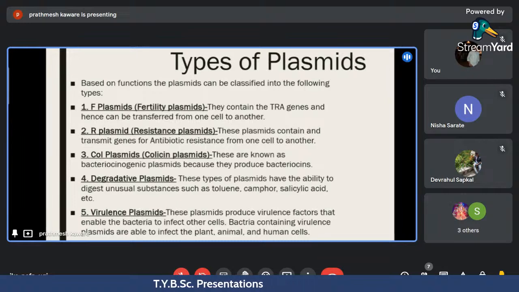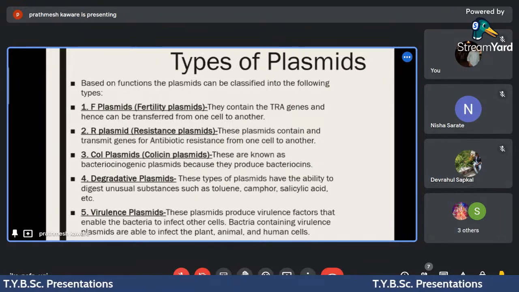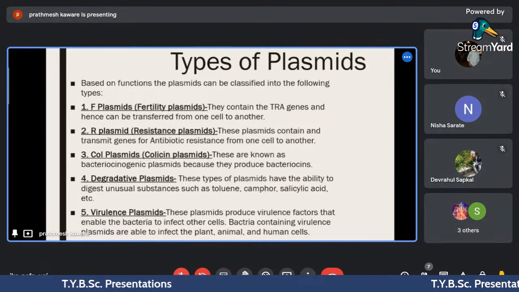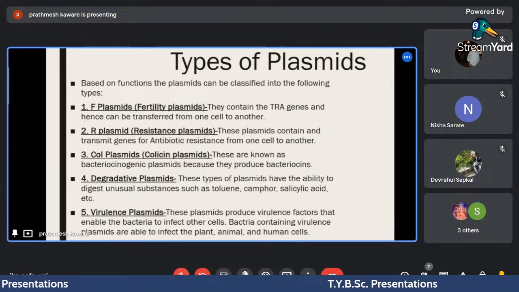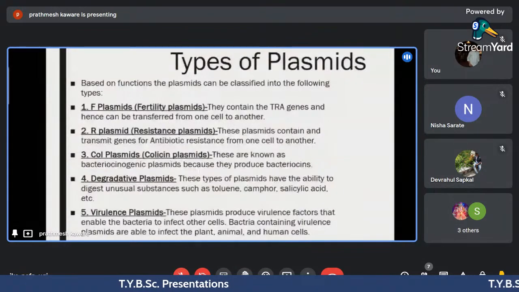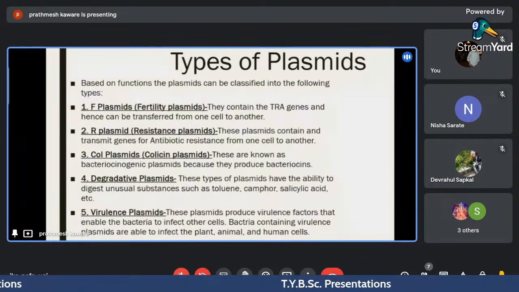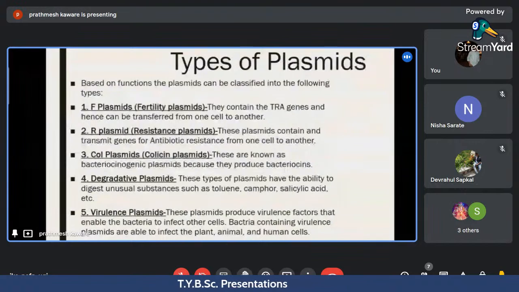R plasmid, the resistance plasmid. These plasmids contain and transmit genes for antibiotic resistance from one cell to another. Col plasmids are known as bacteriocinogenic plasmids because they produce bacteriocins. Degradative plasmids have the ability to digest unusual substances such as toluene, camphor, and salicylic acid.